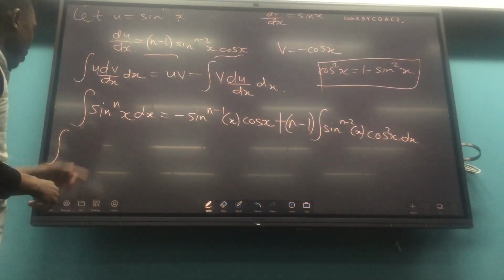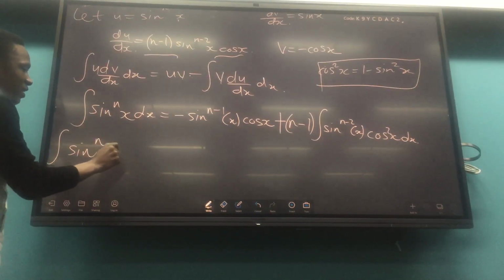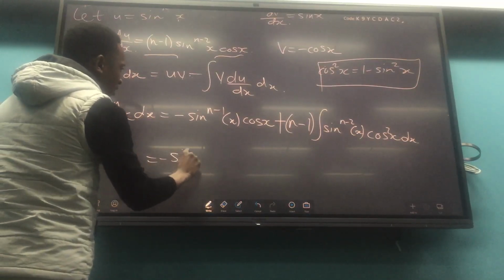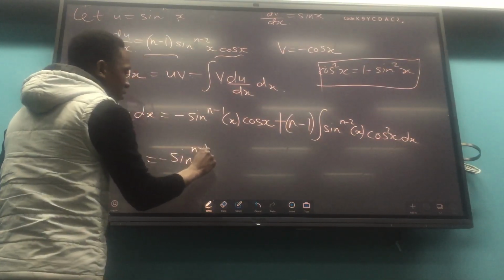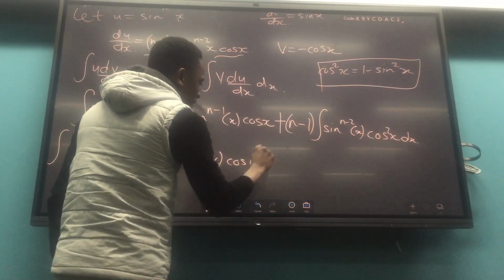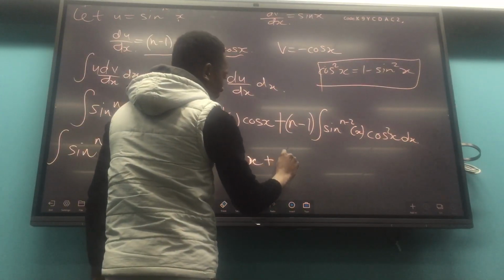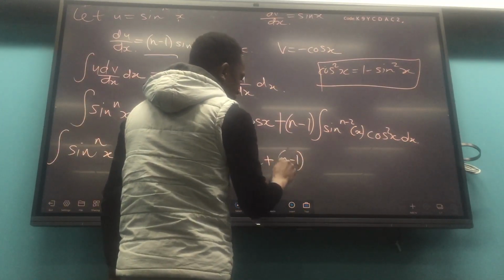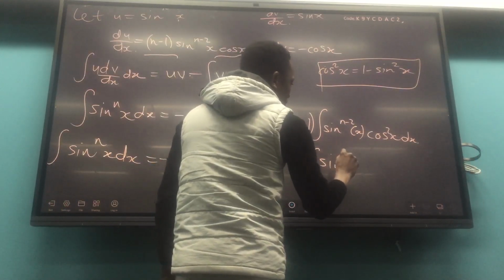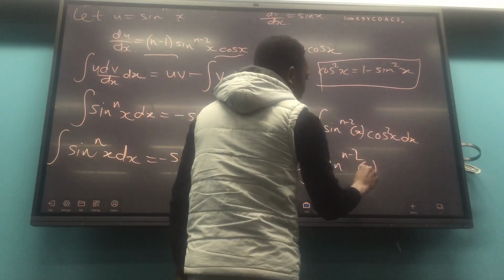We write the integral of sine to the n of x dx equals minus sine to the n minus 1 of x cos x, plus n minus 1 times the integral of sine to the n minus 2 of x.